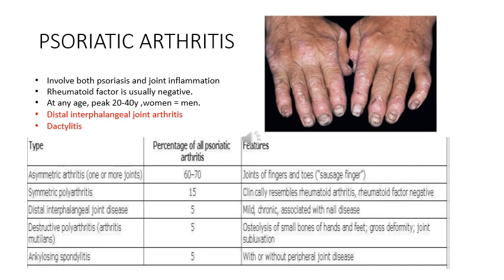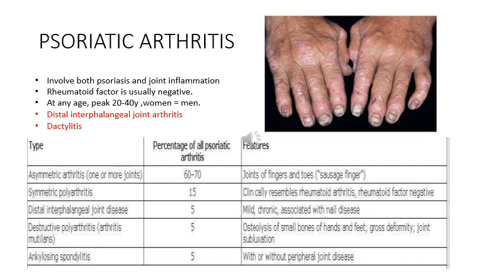Also, the parts affected in rheumatoid arthritis are the proximal interphalangeal joints. Here, the distal interphalangeal joints are affected more. Distal interphalangeal disease is mild, chronic, and associated with nail disease, which was explained in nail psoriasis. All those symptoms might be seen, along with pain and swelling.